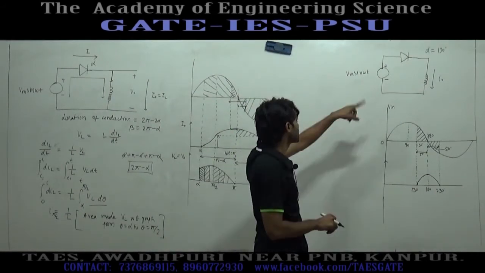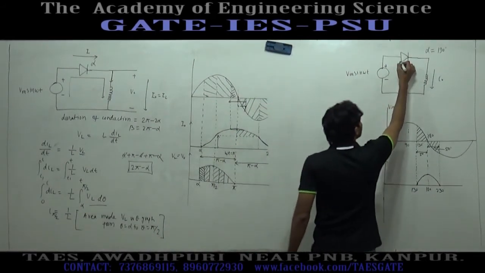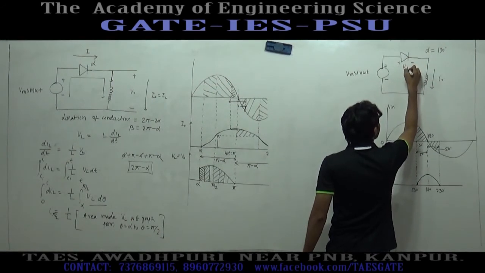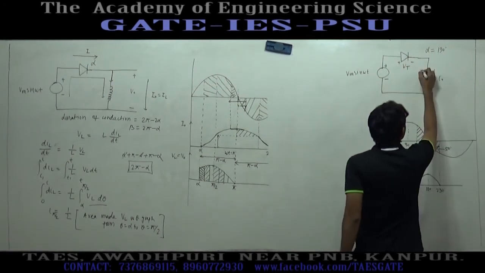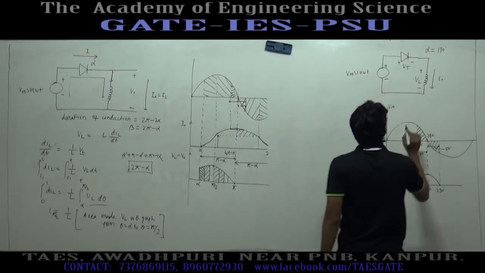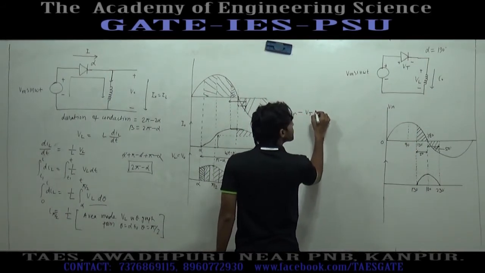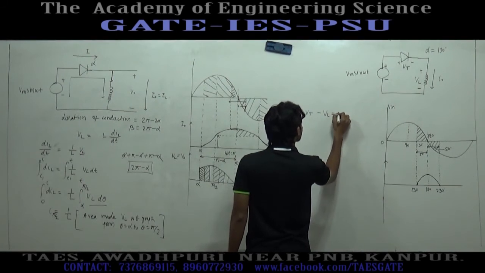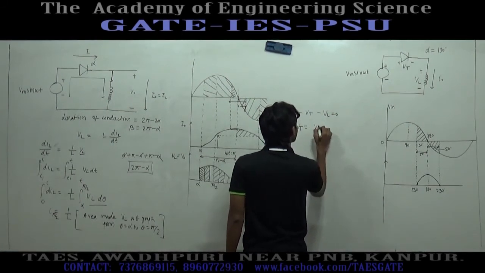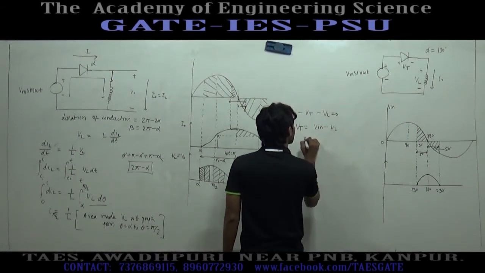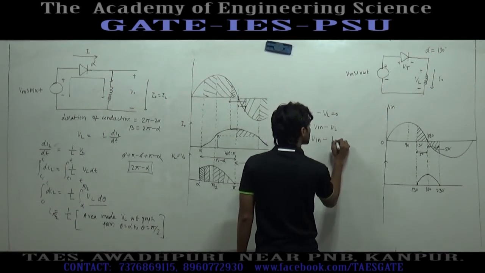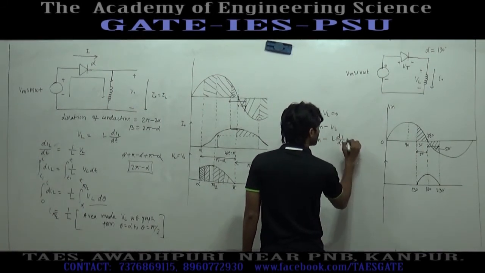If we apply KVL in this circuit, this is reference for thyristor voltage, this is reference for inductor voltage. Input voltage minus thyristor voltage minus inductor voltage equal to 0, and the thyristor voltage is V input minus VL. This is equal to input voltage minus L di over dt.